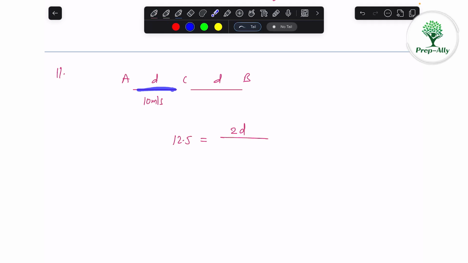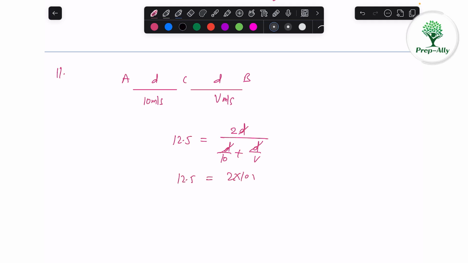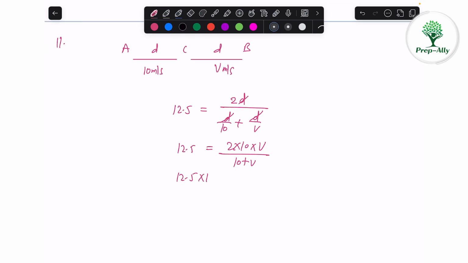Now the time taken from here to here is distance upon this speed. So it is D by 10 plus, this speed is, let us say, V here, meter per second. So the time here will be D by V. If we cancel this D and D, then we are getting 12.5 is equal to 2 into 10 into V by 10 plus V. So 12.5 into 10 plus 12.5 V is equal to 20 V. So 125 is equal to 7.5 V. So V is equal to 1250 upon 75.